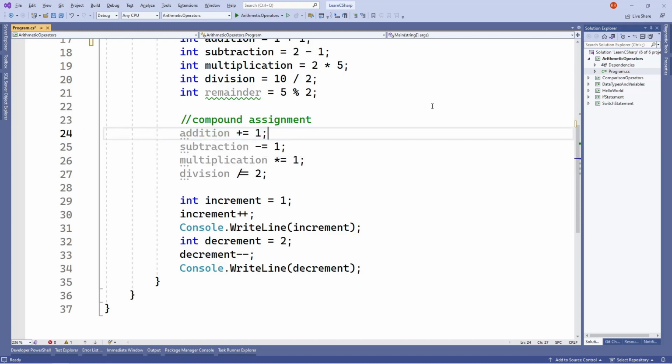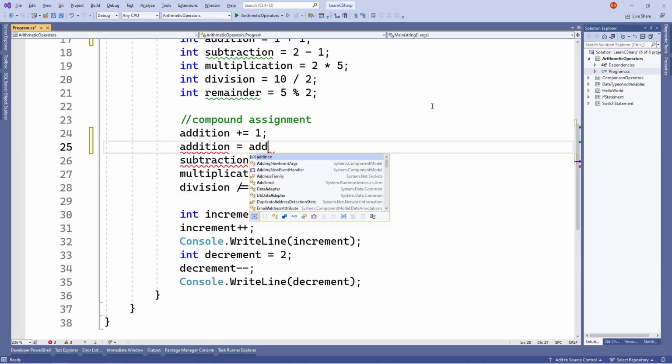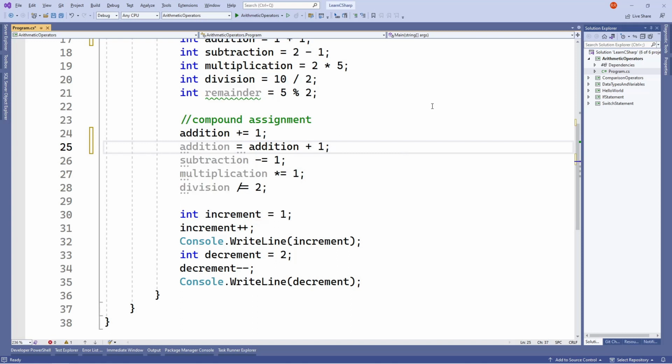That would be equivalent to addition is equal to addition plus 1. All right, so this kind of symbol would be a shorthand for adding a value to itself. All right, same thing with subtraction, multiplication, and division. Okay, so that is compound assignments.